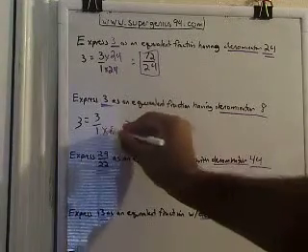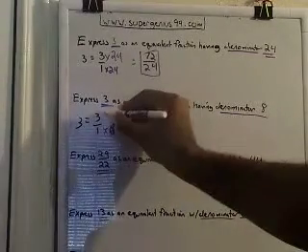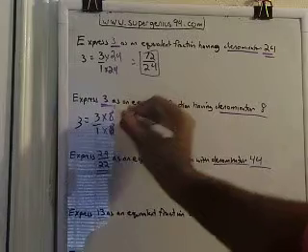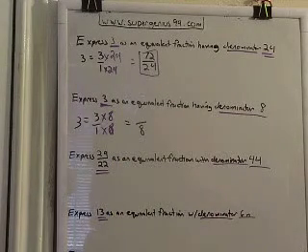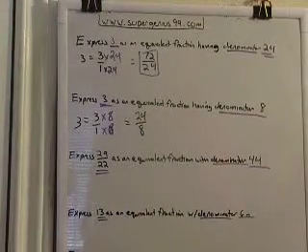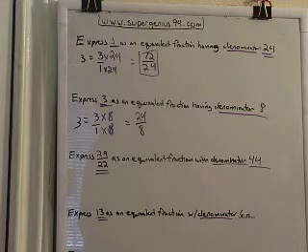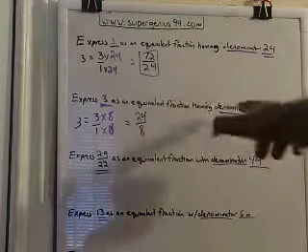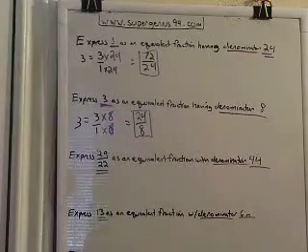Well, 1 times 8 equals 8. So then you also multiply 3 times 8. What is 3 times 8? 24. So a fraction that is equivalent to 3 that has a denominator 8 is 24 over 8.